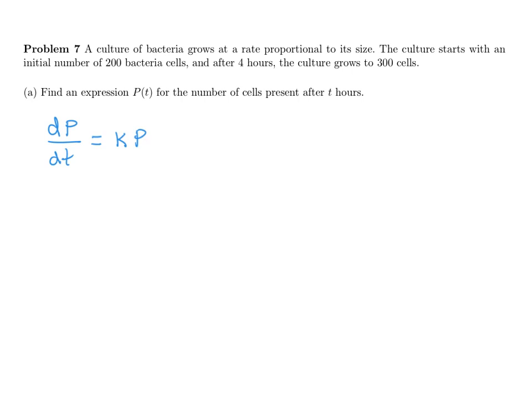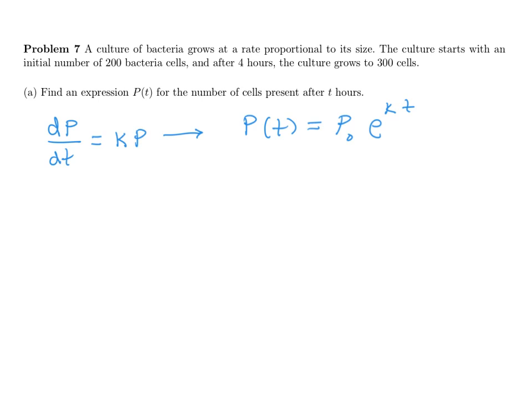Continuing with the problem, it says the culture starts with an initial number of 200 bacteria cells, and also after 4 hours the culture grows to 300 cells. With this as our assumption, you can use the following formula to model this growth. P of t is equal to P naught times e to the kt.